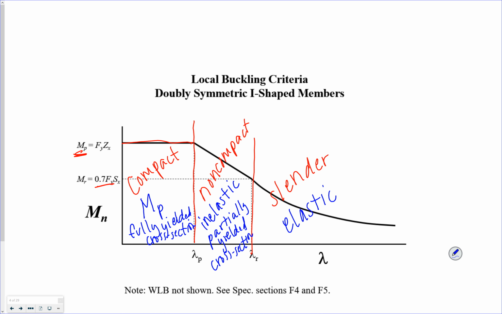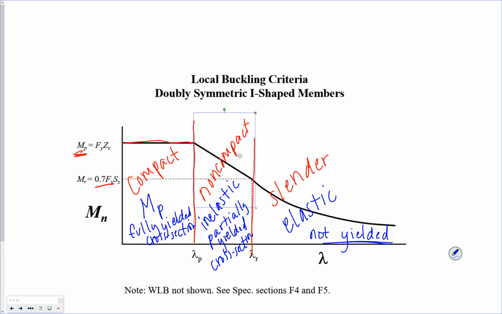Partially yielded cross section. Not yielded. Nothing's yielded. So compact: fully yielded cross section, so you're not going to buckle before you yield.